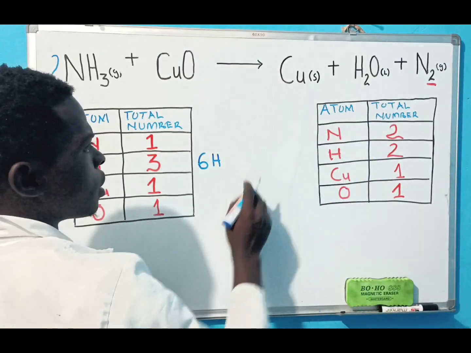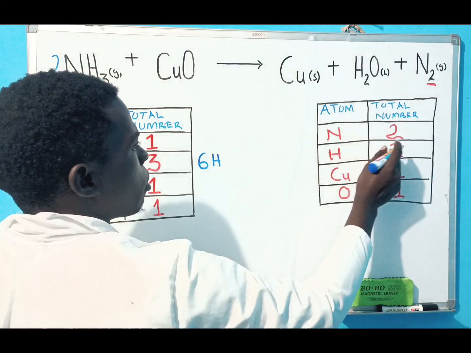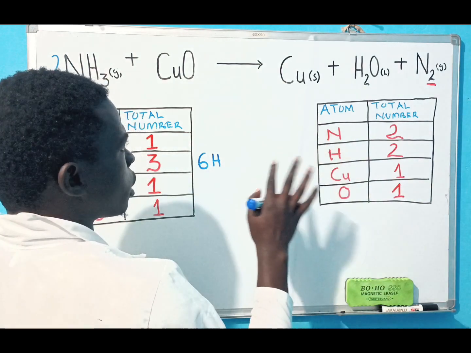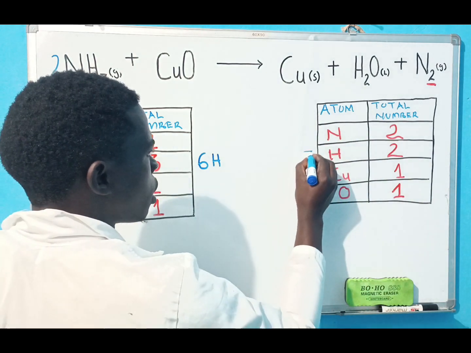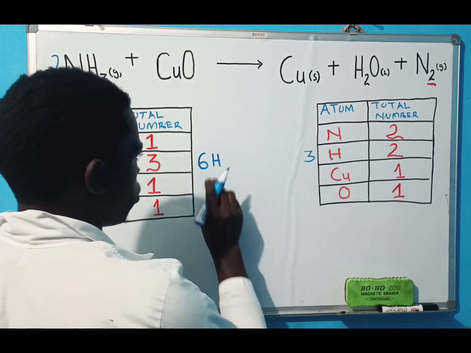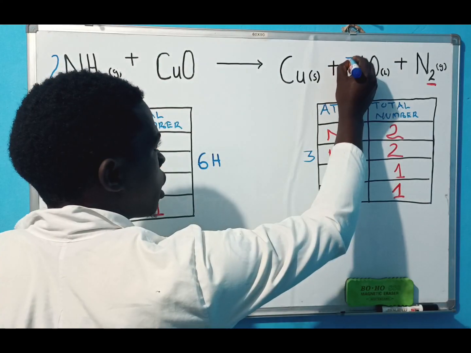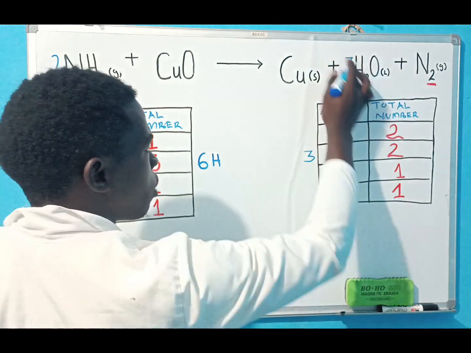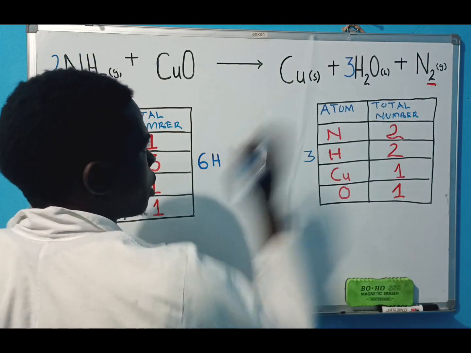What about on the product side? How many hydrogens are there? We have 2 hydrogens, but we have to make them to be 6 by multiplying a 3 on the 2 hydrogens which are there. So we write a coefficient of 3 on the water molecule.